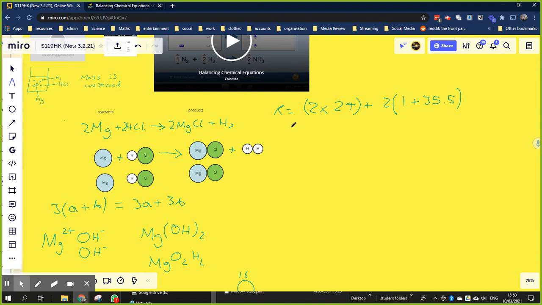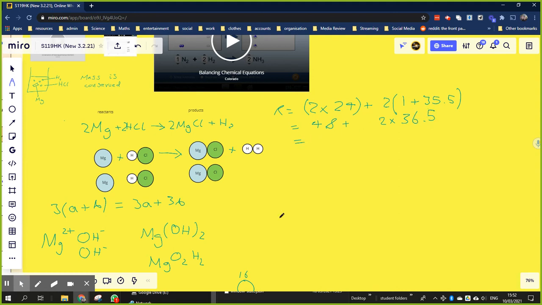Okay, cool. So reactants is going to be 2 times 24 because of 2 lots of magnesium once we've balanced the equation, and then 2 lots of this. So 2 times 24 is 48 plus, and then as you said, 35.5 plus 1 is 36.5. So then we're going to multiply that by 2. What's 36.5 times 2?